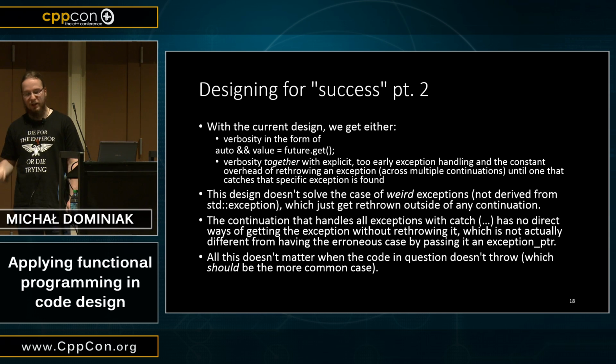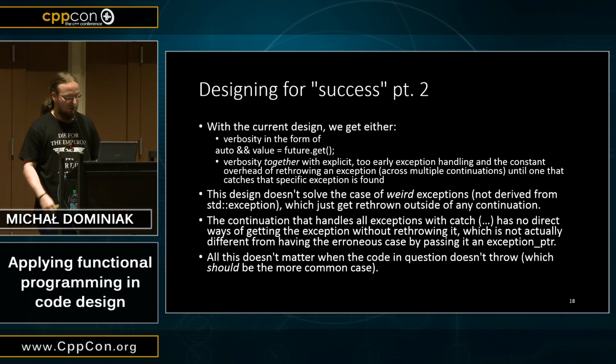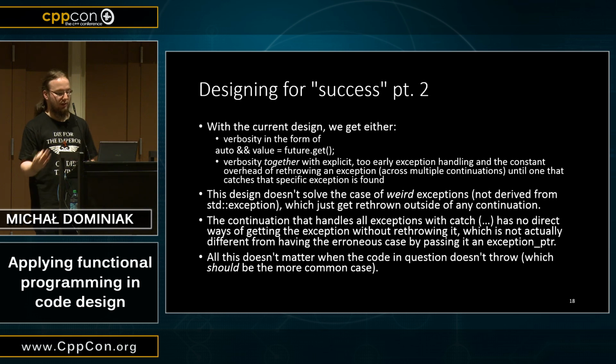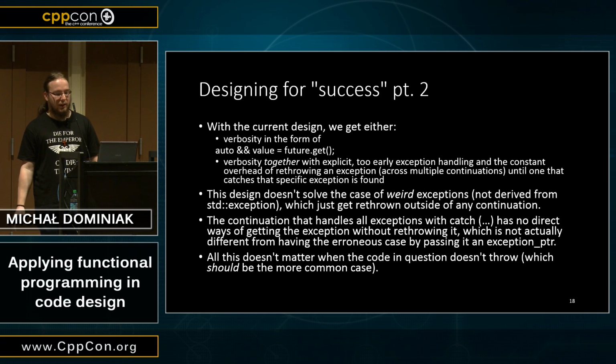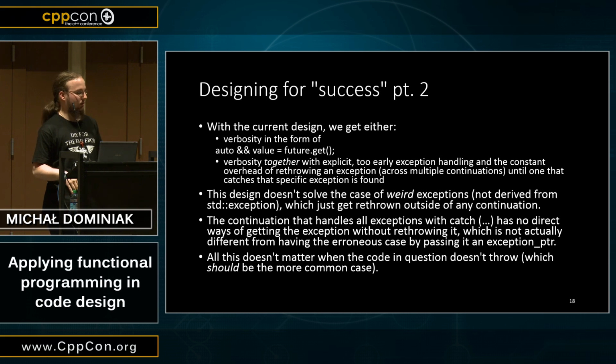So the guideline here would be: try to think about successful cases, primarily write interfaces that will work for them, and then if you cannot find a way to handle errors with an interface designed in this way, try to find another one, but again with the same guideline. And I like designing interfaces by first writing the uses of them.